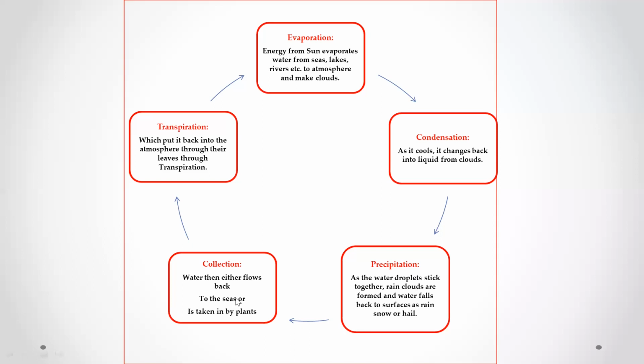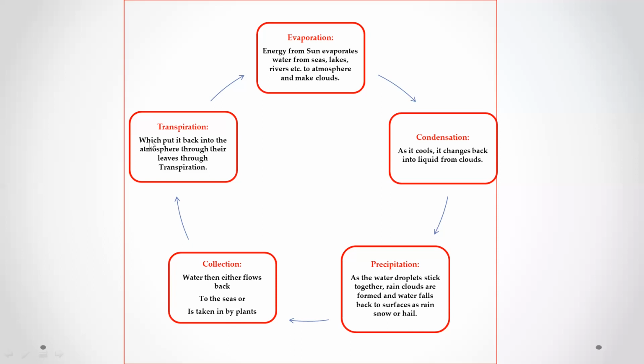Then we go up next. That one is collection. How the water is collected on the surface of Earth. That happens when water either flows back to the sea or it is taken in by the plants. The plant takes it in, then it happens through transpiration and the water goes to the atmosphere again.